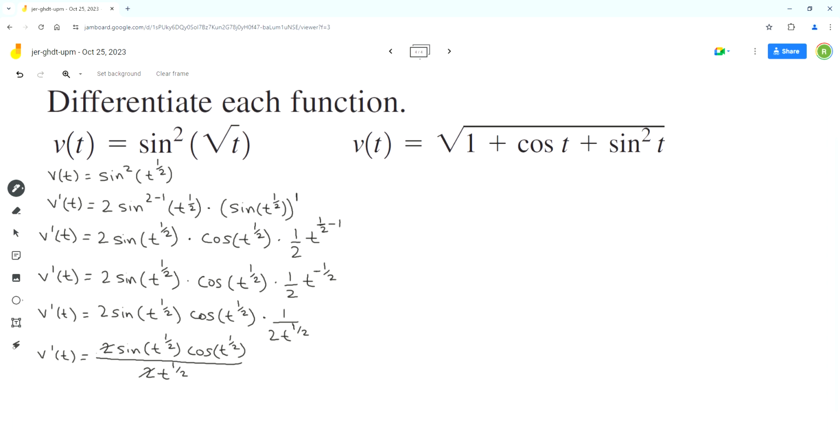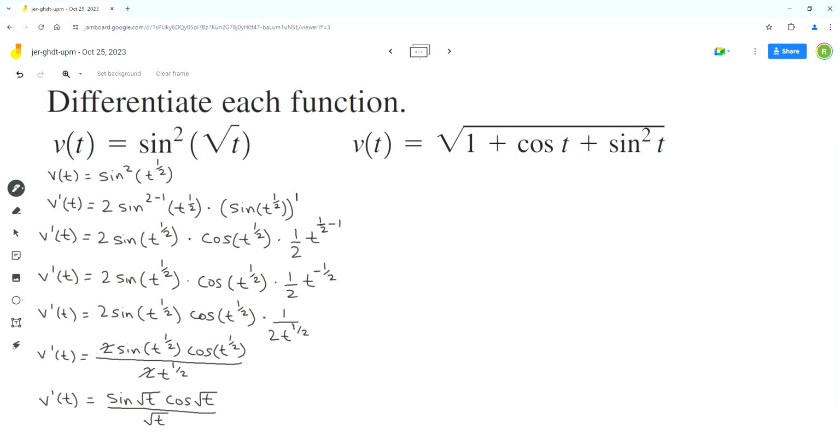Now in the next step, we can change the rational exponent 1 over 2 back to square root. So this can be the final answer for the derivative of the first function.